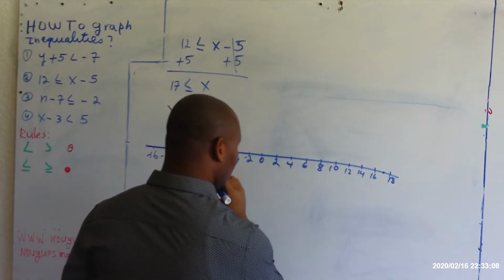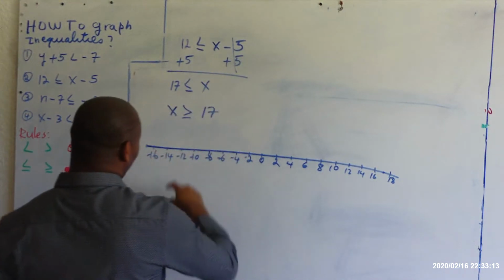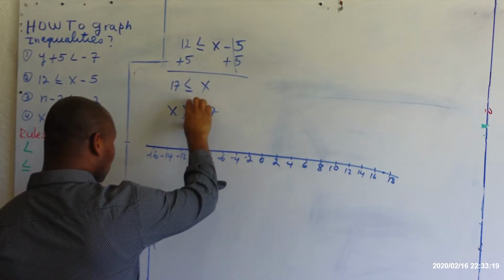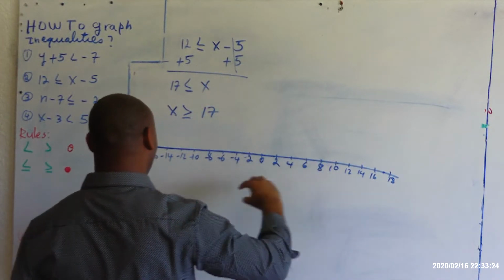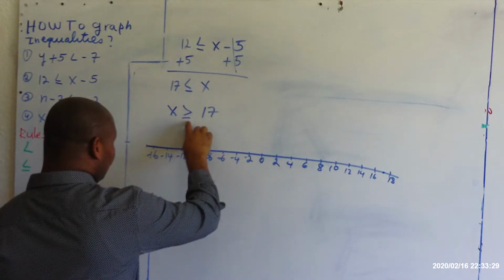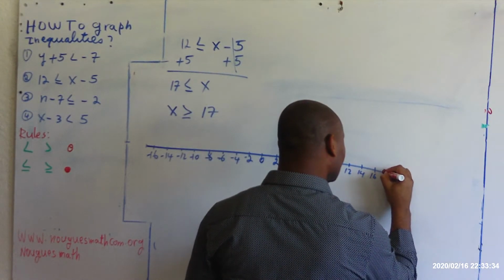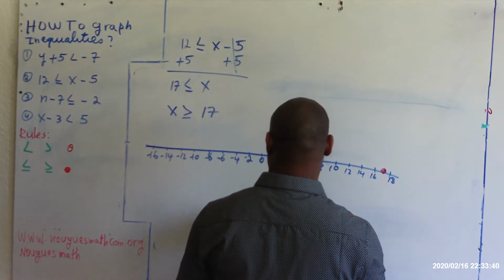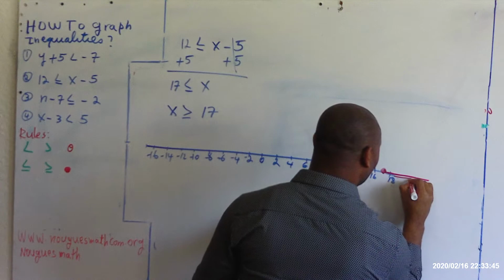So we have 17 right here, so we're going to graph it. Remember, x greater than or equal to 17. Because it's greater than or equal, we're going to go to the right. Remember, because it's greater than or equal, it's going to be a closed circle right here. And then we go that way.